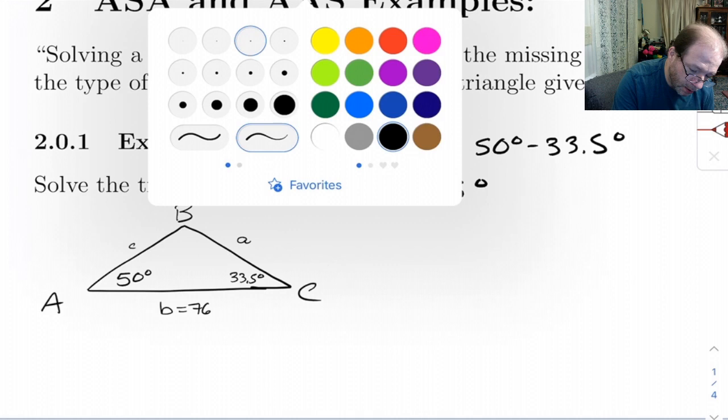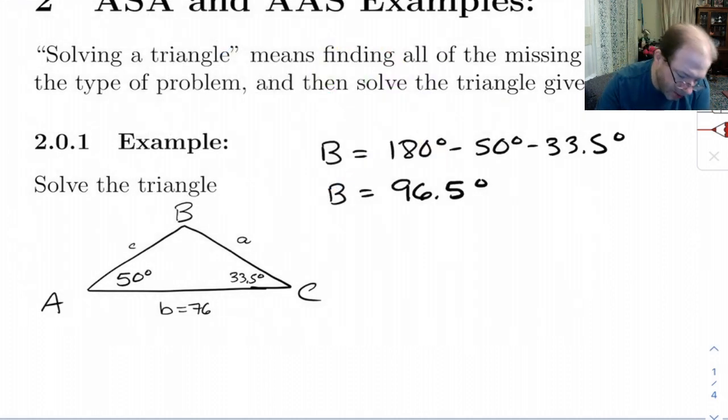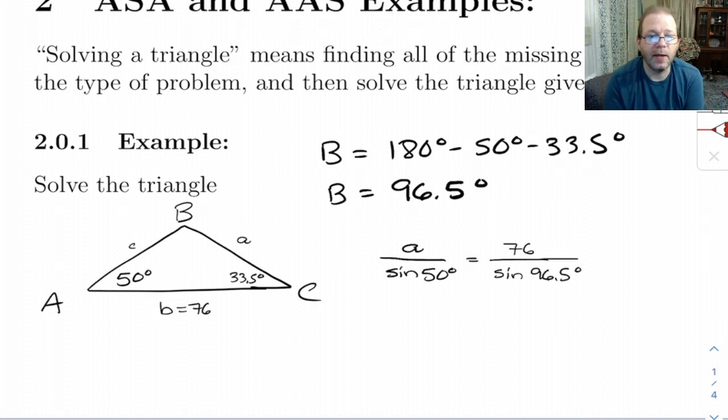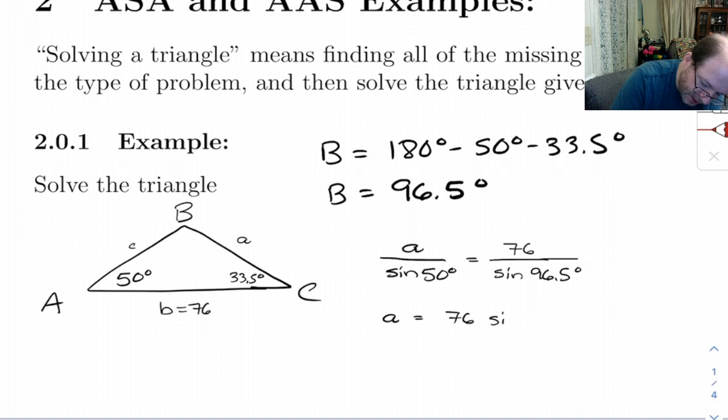All right. And so once we've got that, now we can use the law of sines to figure out A and C. So let's get A. What I know is little a over sine A is equal to little b over sine B. So I get that little a is 76 times sine 50 degrees over sine 96.5 degrees.